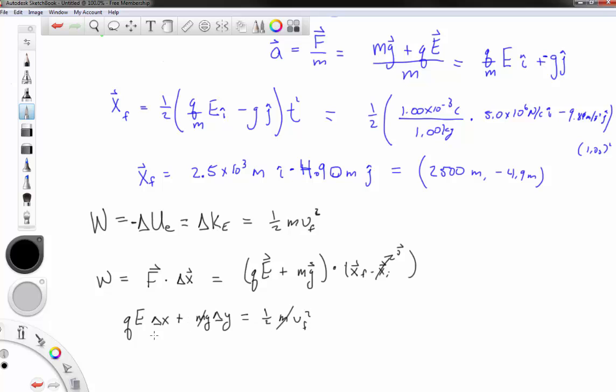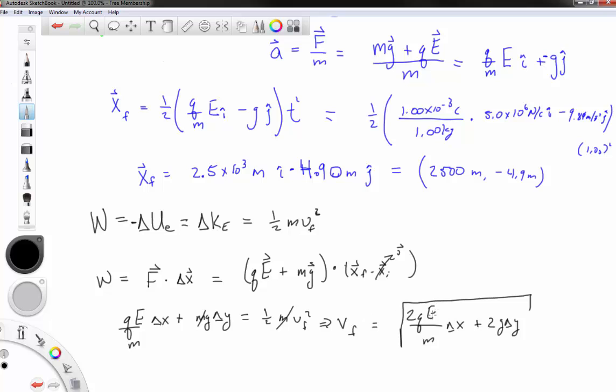So we can divide out an m like so. So what we end up getting is that the final speed should be equal to 2 q E over m times delta x plus 2 times g delta y, with a square root over all of it.